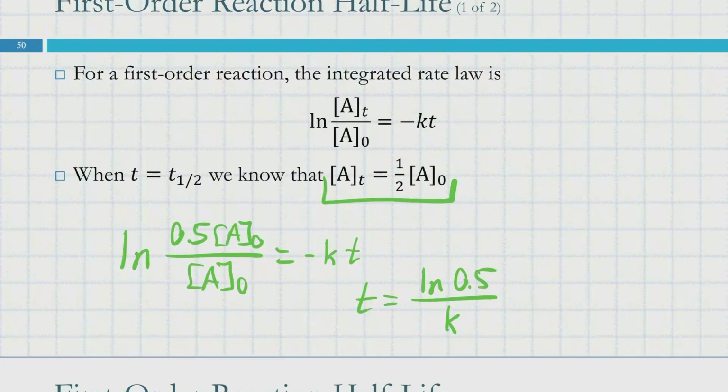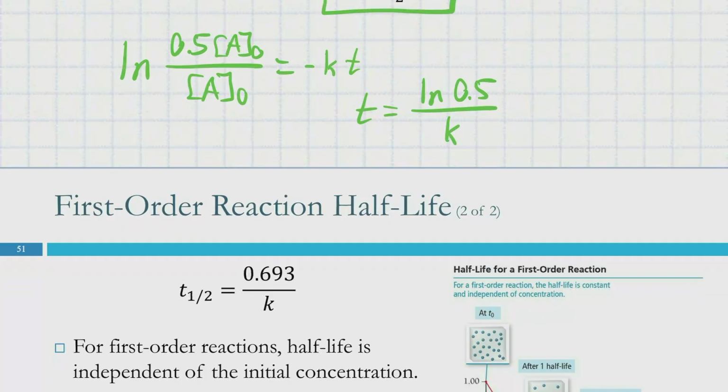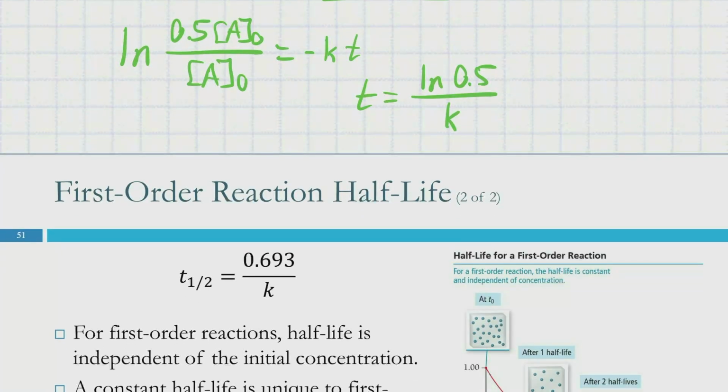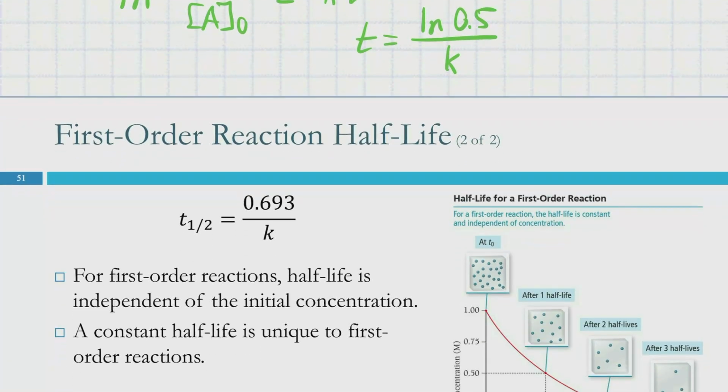And I believe that's correct. We'll find out. Look at that. T1/2 equals 0.693 over k. We might still have the negative there, but the long and short of it is that we get this. We do still have the negative there. Okay.